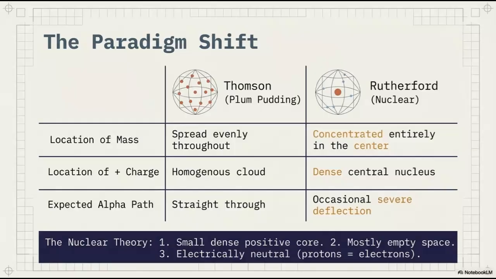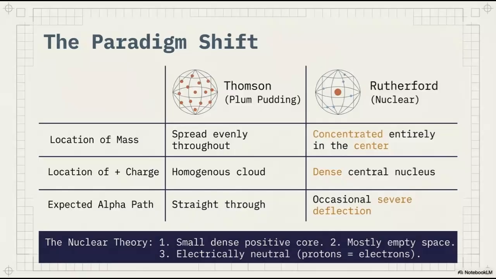Just to finalize this scientist thing, we have Thomson and Rutherford. Thomson was a plum pudding, Rutherford was a nuclear atom. Thomson said that the mass of the atom is spread out throughout the whole thing, while Rutherford says it's in the center. The positive charge in Thomson is all throughout, but Rutherford says no, no, no, it's in the nucleus.